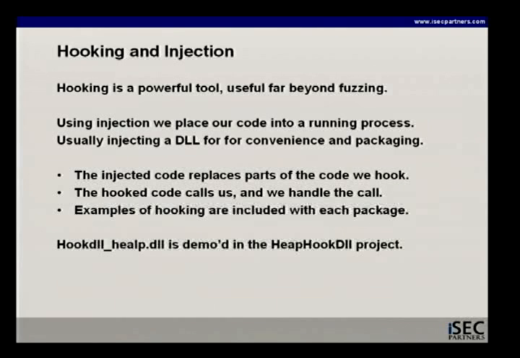It's easy to put initialization code in there, and it's easy to get notified when threads attach or detach. So it's a really handy way to do that. And my code, of course, is packaged into DLLs. As I mentioned before, the source is all available for all these demos, and they're all written in C. I mean, you might be able to do something like this in Python, but C is the right language.